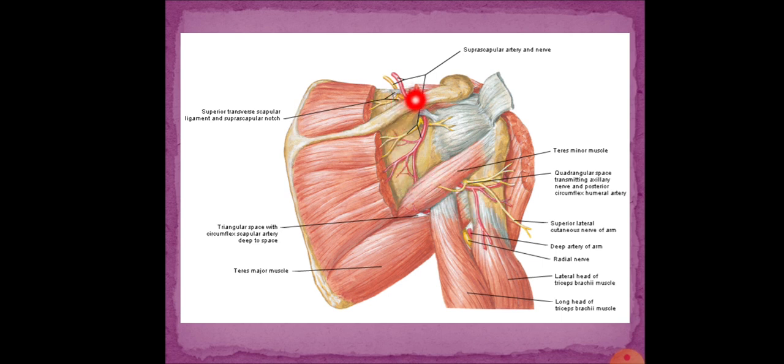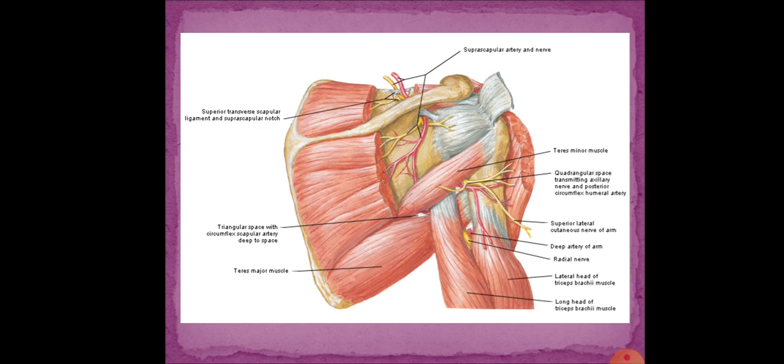For example, the suprascapular notch is converted into the suprascapular foramen by a ligament named the transverse scapular ligament. The suprascapular nerve passes through it while the artery passes above it.